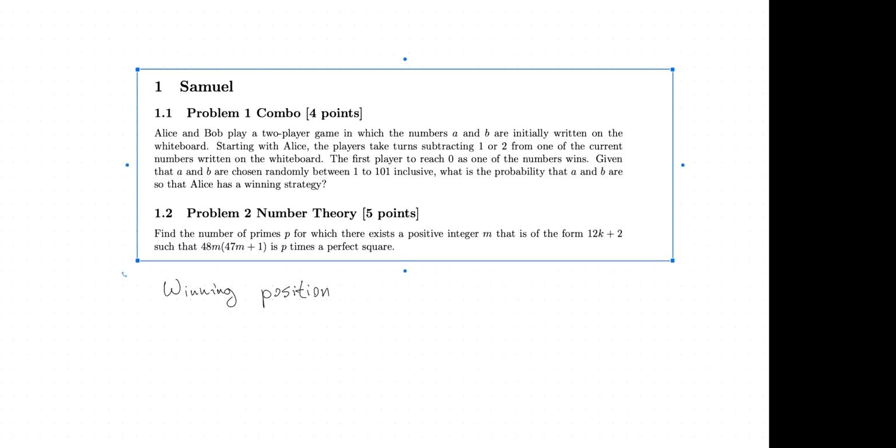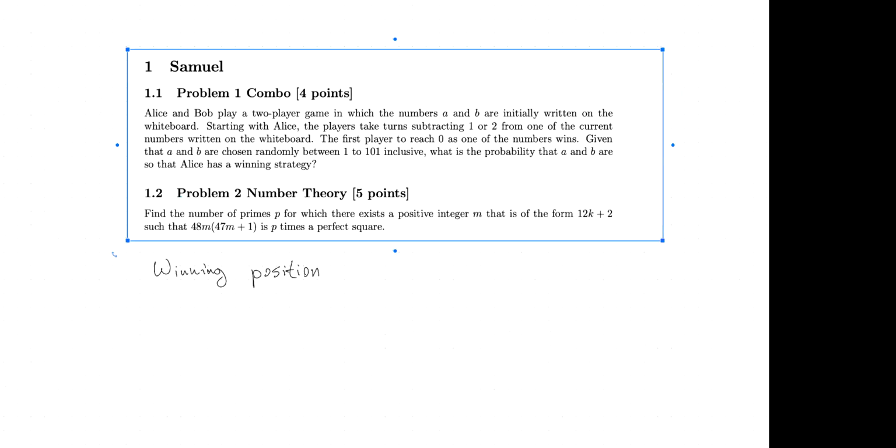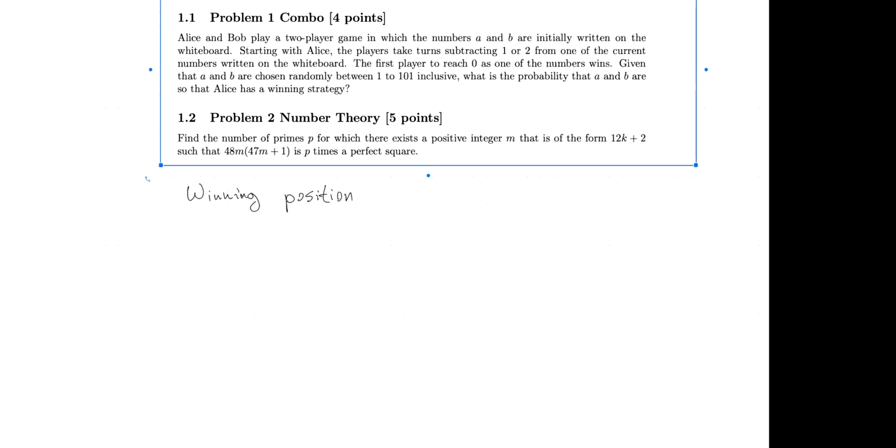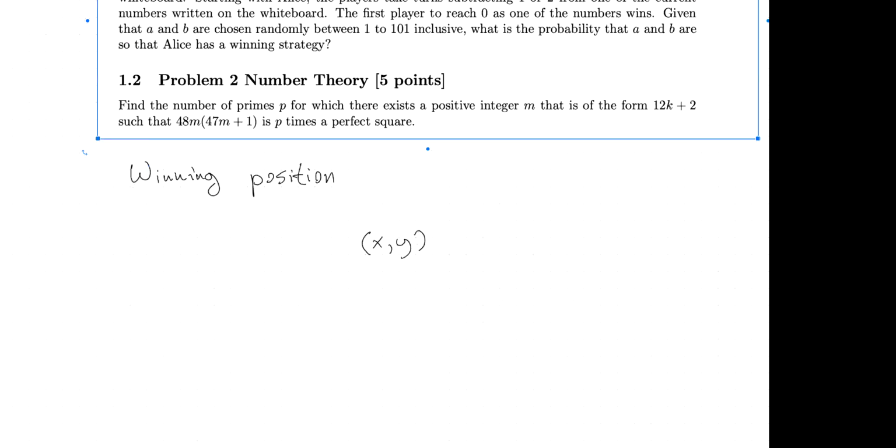Given how the game works, each position depends on whether preceding positions are winning or losing. So we start by considering some position XY. We don't even care about A and B. We first just play around with the game to see what we can find.